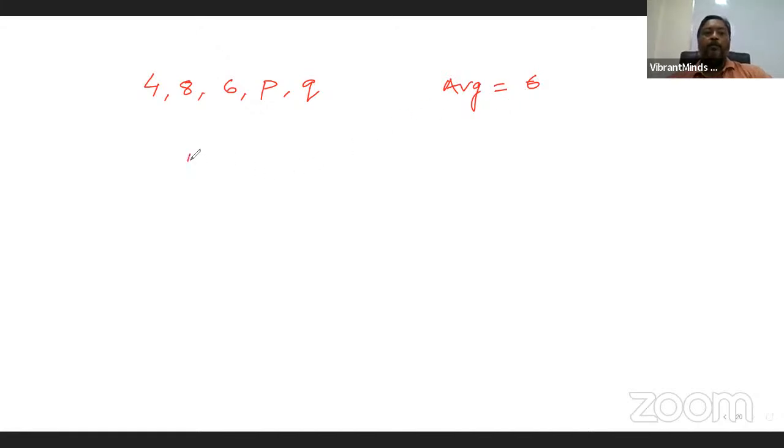Now you have to find the average of P plus 1 and Q minus 3. How are you going to do it?